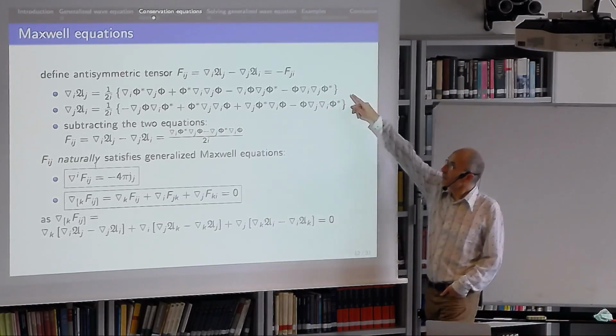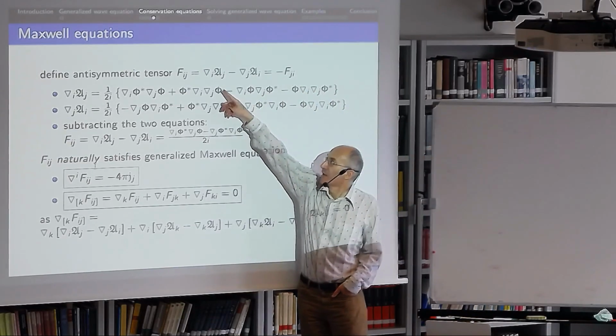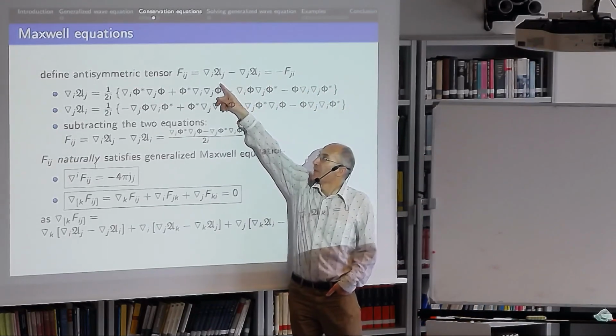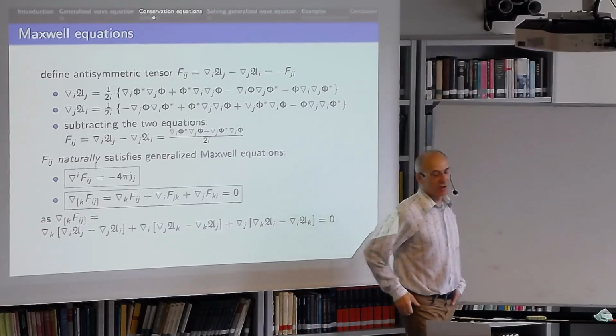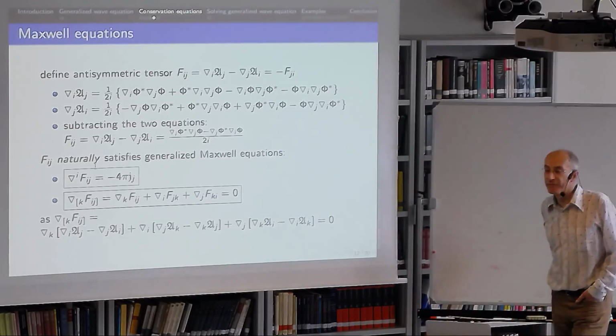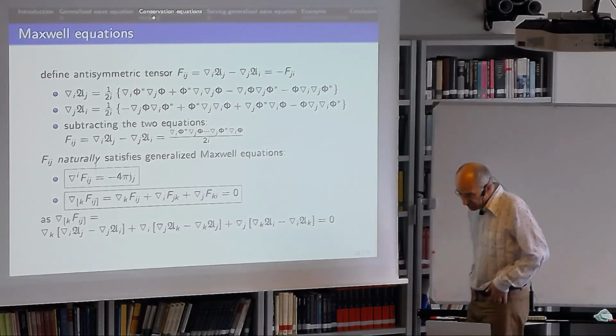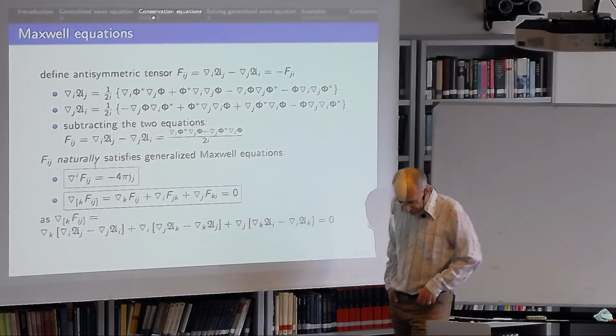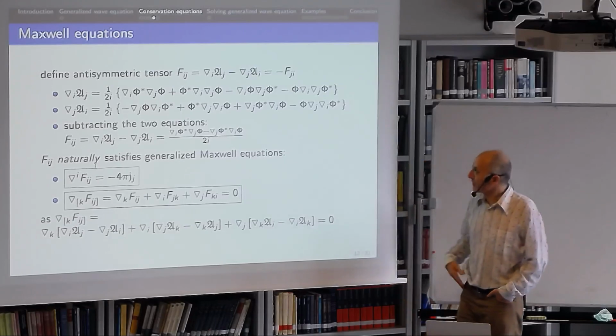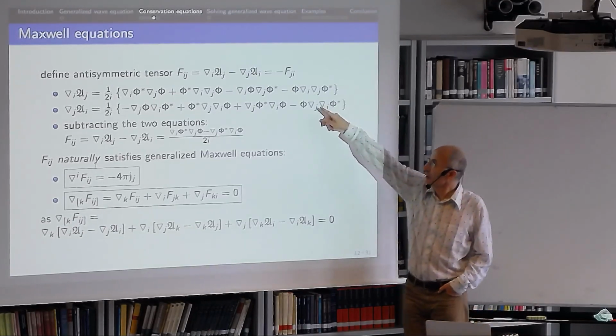So we start with an antisymmetrical tensor, which is defined by something which generalizes the rotational of the four-vector potential we have defined earlier.